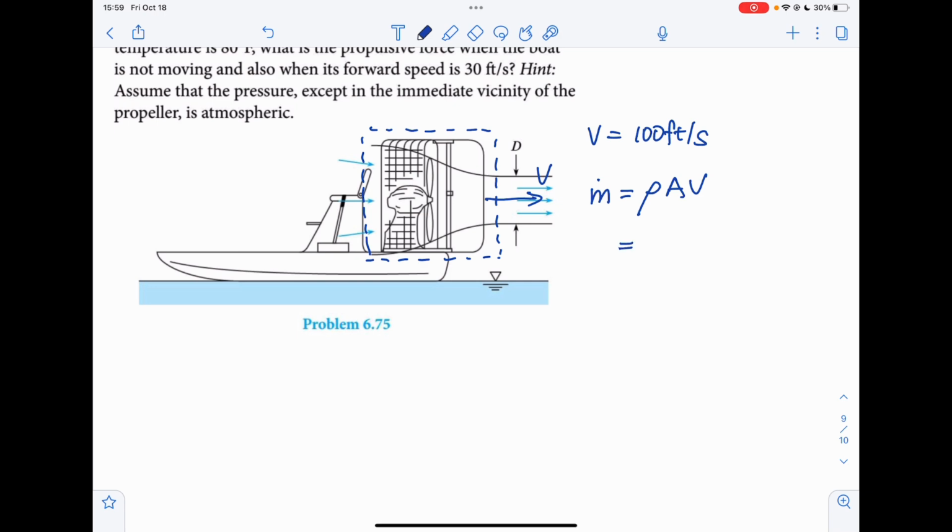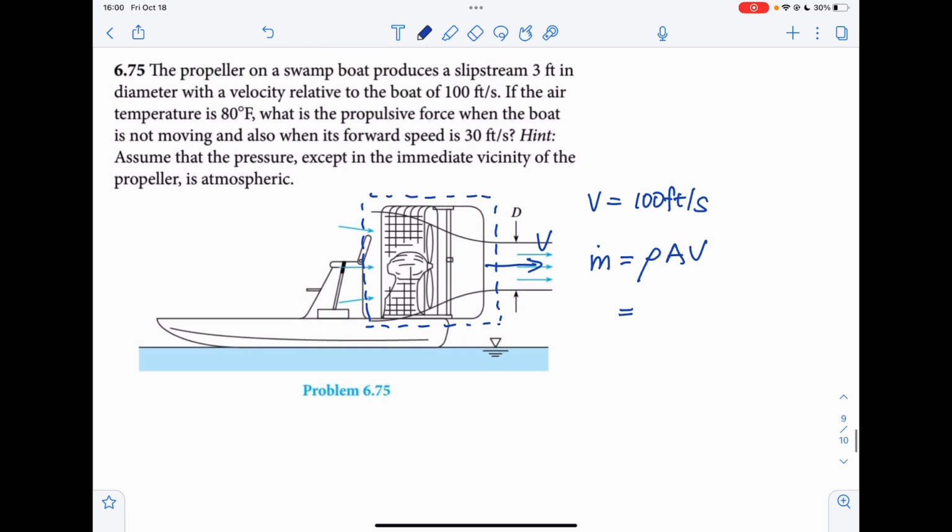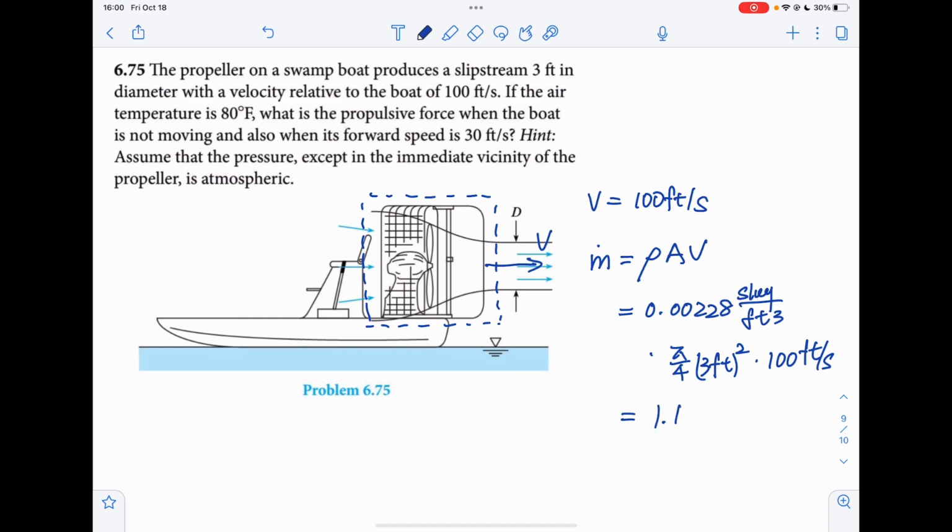Because we're given the temperature, we can find rho in the appendix, times the area for 3 feet diameter, times the velocity, which is 100 feet per second. So our mass flux is going to be 1.612 slug per second.